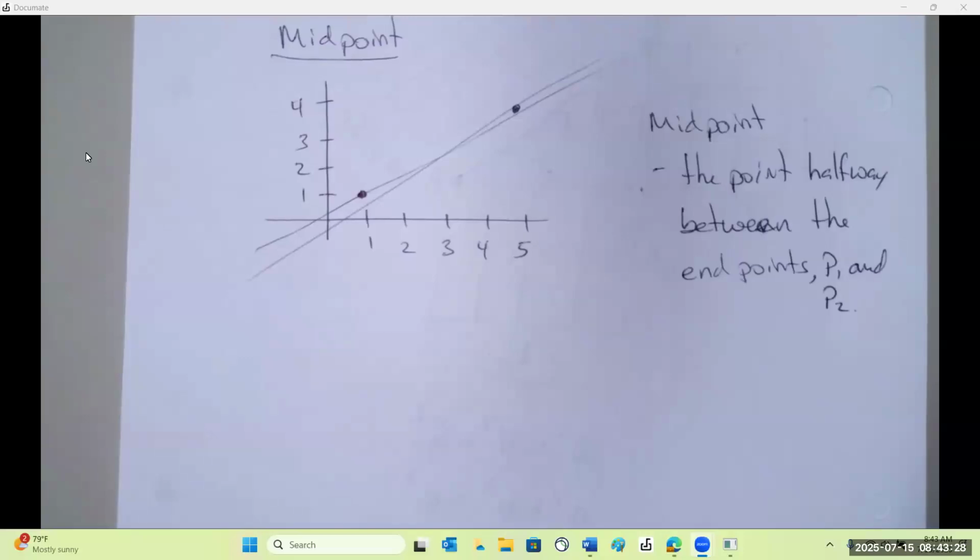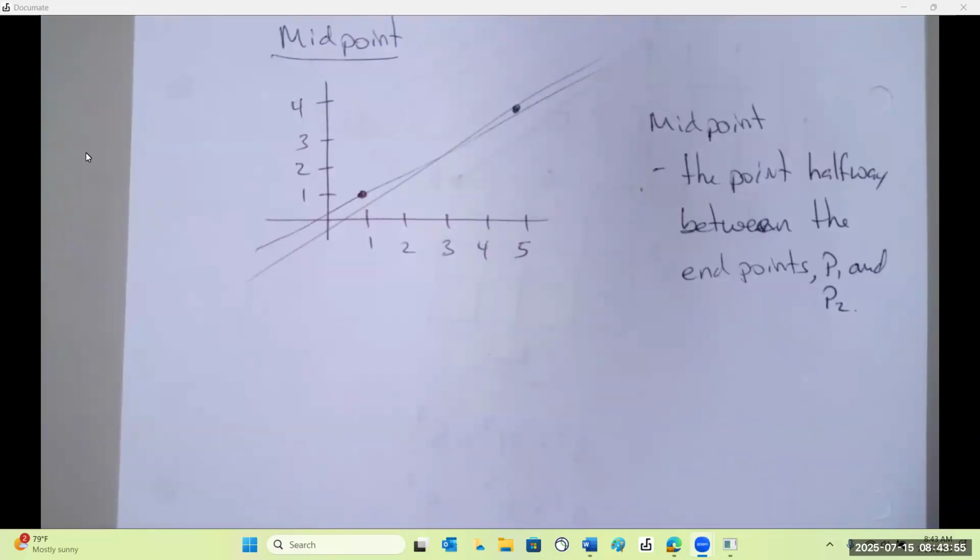That definition also should give away the formula. So what is something halfway between? How would you find something halfway between two numbers? Do what first? Add them. Because if you think about it, what if you're talking about grades?